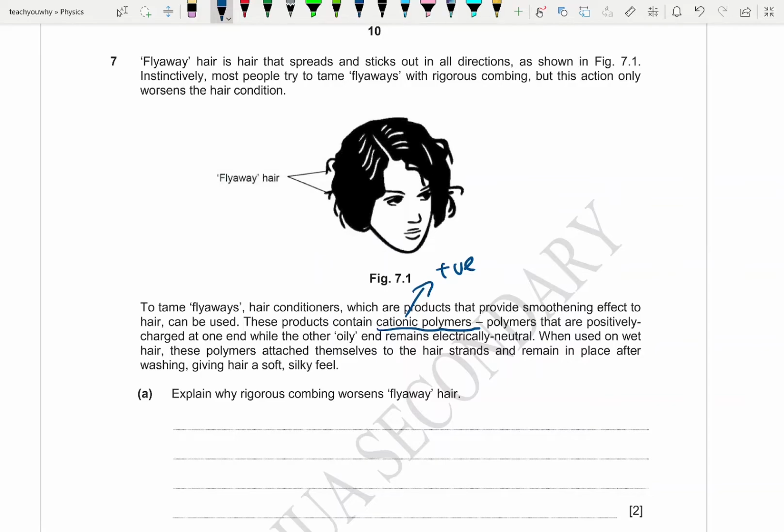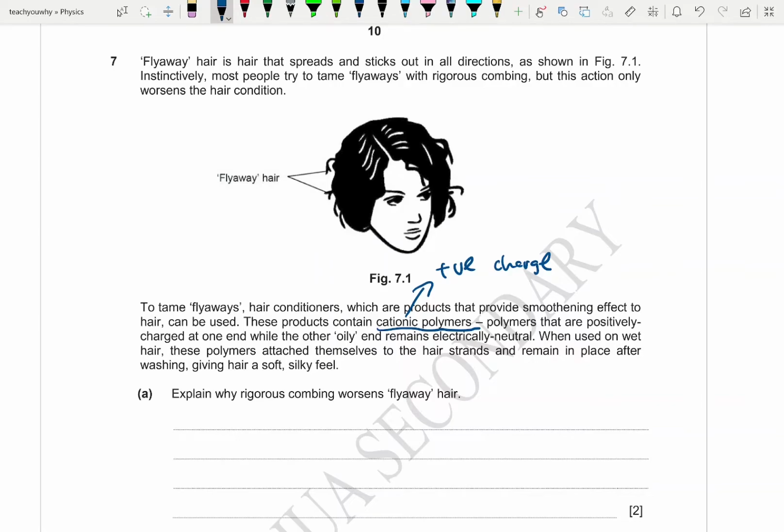Polymers that are positively charged at one end, while the other oily ends remain electrically neutral. When used on wet hair, these polymers attach themselves to the hair strands and remain in place after washing, giving hair a soft, silky feel.